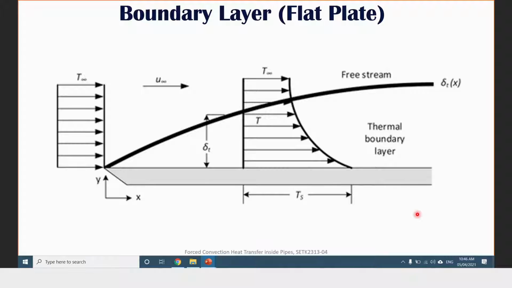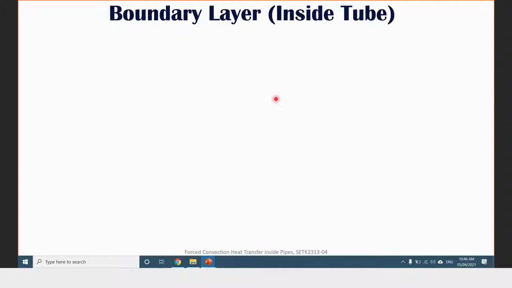I believe this is pretty much straightforward. We call this the thermal boundary layer, where there is a change in temperature. Outside the thermal boundary layer, we have the temperature of the air once more. So it's a uniform temperature once again.